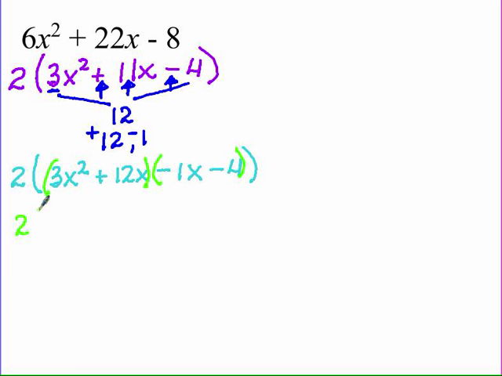What can you take out from the 3x squared and the 12x? What is in common? 3x. If I take a 3x from 3x squared, what does it leave me with? x. 3 times what will give me 12? 4. Do I need an x with that one? Yes.